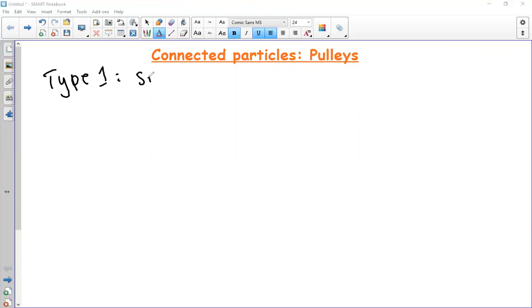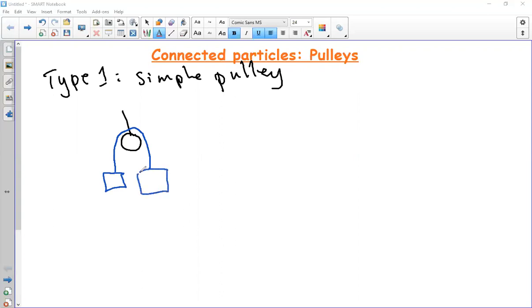Type 1, simple pulley. So for example, you could have a pulley hanging on the ceiling, and you could have a light inextensible string attached around the pulley, and on one end of the string you could have a box, and on the other end you could have another box.